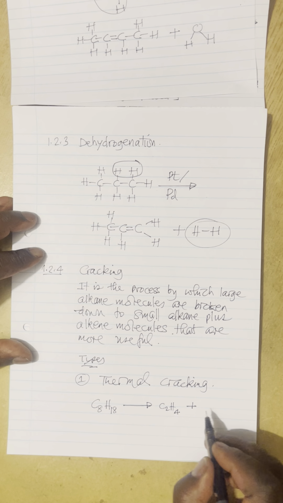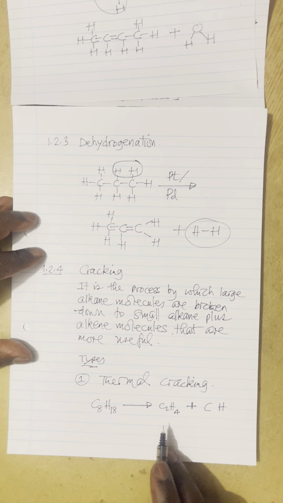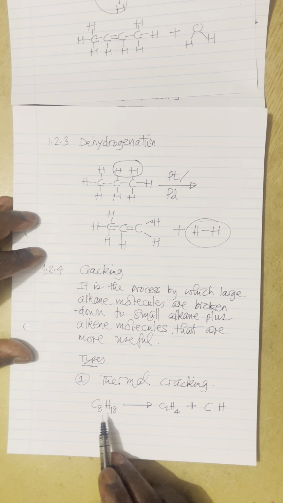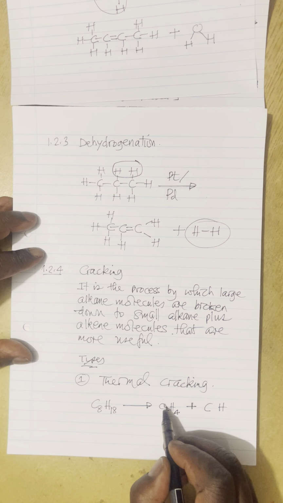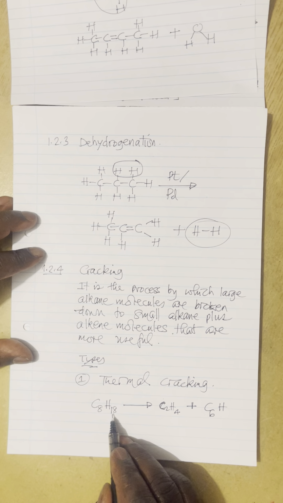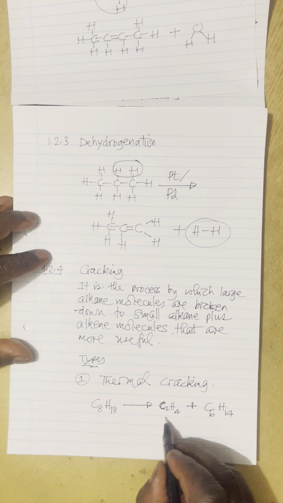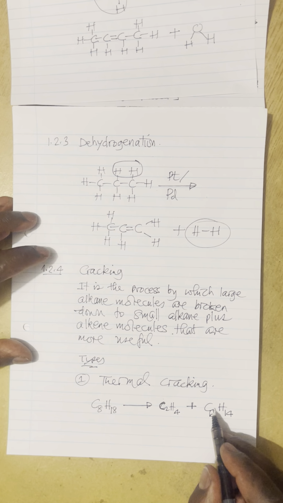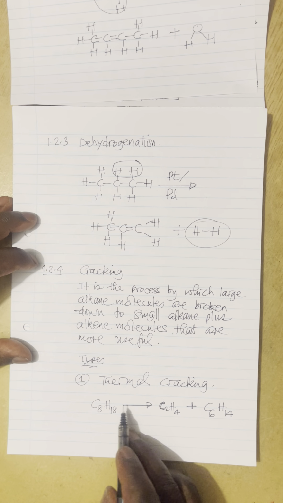To obtain an alkane, I'm going to have to subtract the subscripts. So 8 minus 2, I'm talking about carbons now, it will be 6. And 18 minus 4, it will be 14. So this is ethene and this is hexane, an alkene plus an alkane that are more useful than this one.